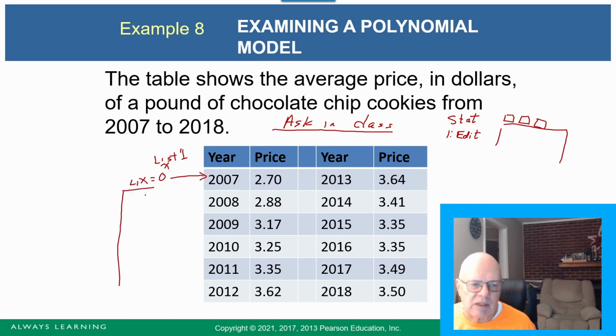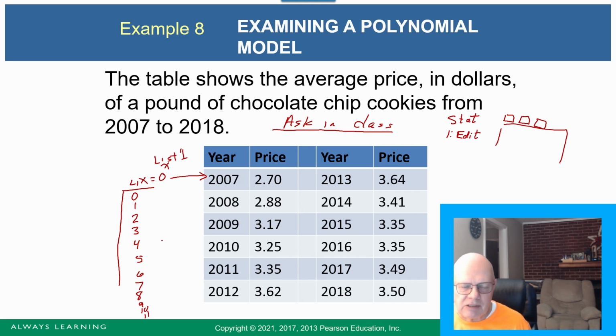Here's list 1. 0, 1 for 2008, 2 for 2009, 3, 4, 5, 6, 7, 8, 9, 10, 11. All 12 of those. Notice there are 12 years here. So x's from 0 to 11 will represent years 2007 to 2018.